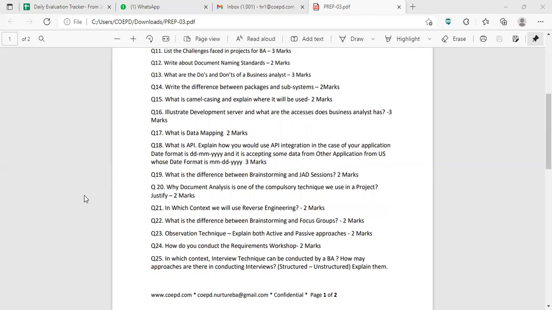When you're doing process reengineering, our job is not to start from scratch, but to use the current process and then create the proposed solution. In order to understand the current process, reading the documents is the essential element. So you have to justify why document analysis is such an important or compulsory technique. Clear so far?